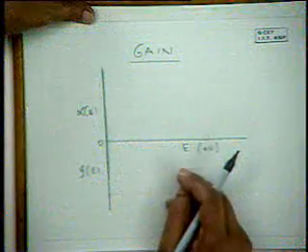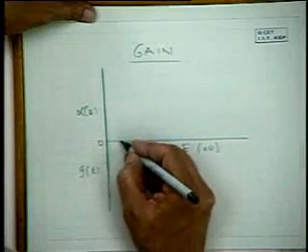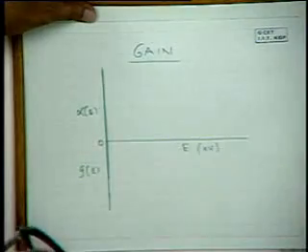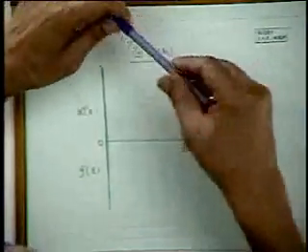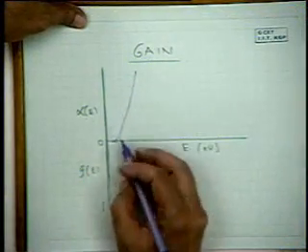Okay, if the material does not have any injected carriers, it will be passive, there will be some absorption, and the absorption spectra will be given by something like that. Near, this is 1.35 eV.